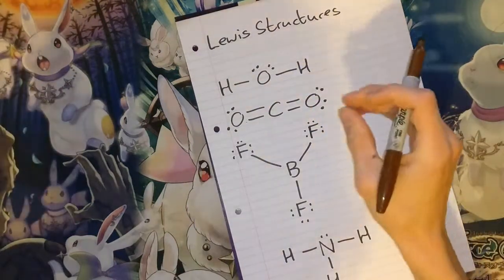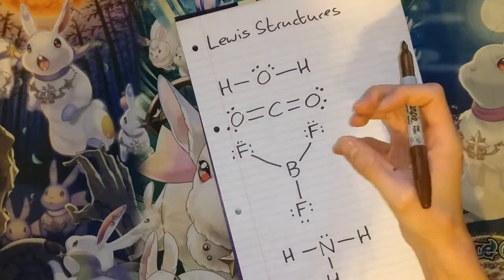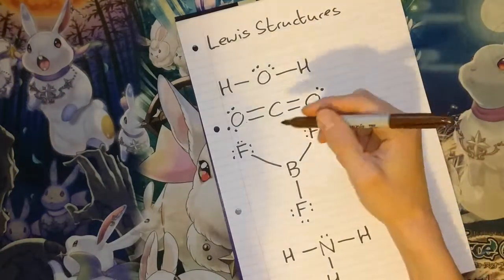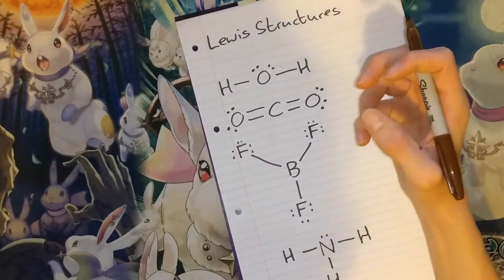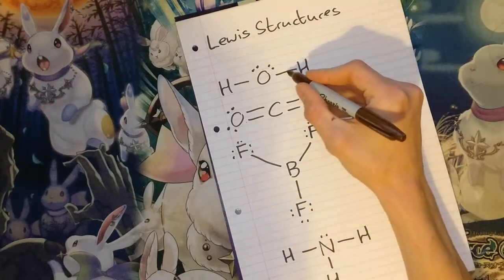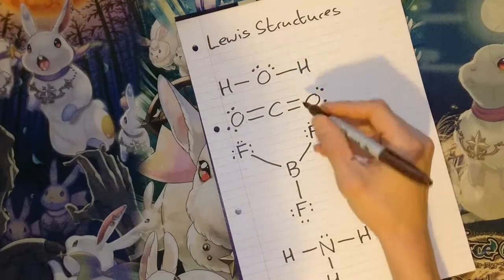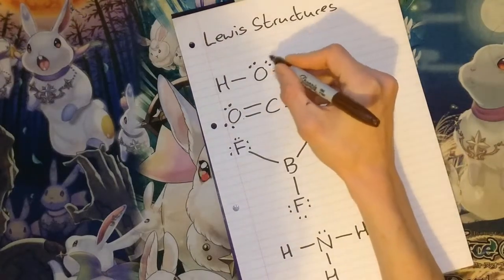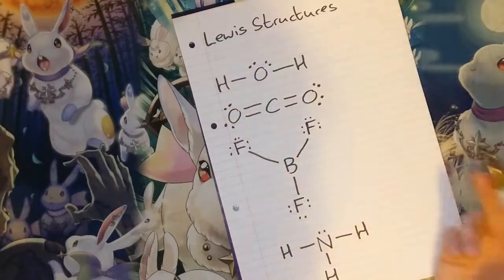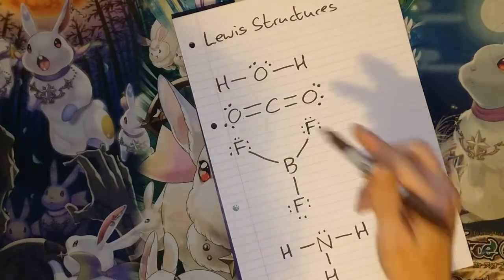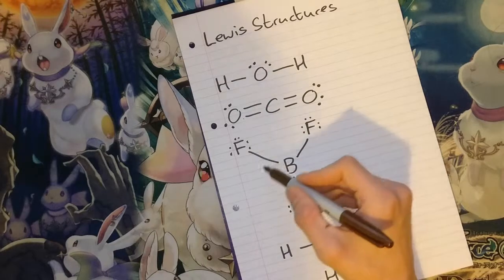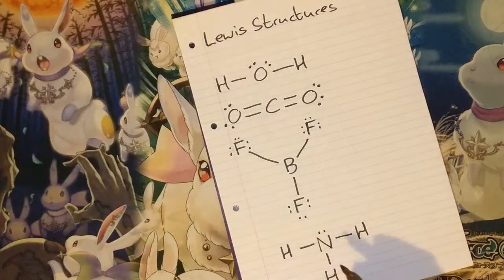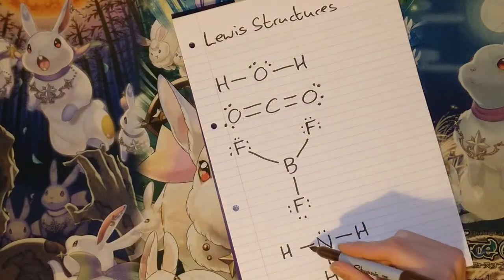An electron domain will be an area of negativity caused by electrons, obviously, and that will be either a lone pair, a lone electron, or a bond. So here's water, it has 1, 2, 3, 4 domains. Carbon dioxide, 1, 2, boron trifluoride, 1, 2, 3, and then ammonia has 1, 2, 3, 4.